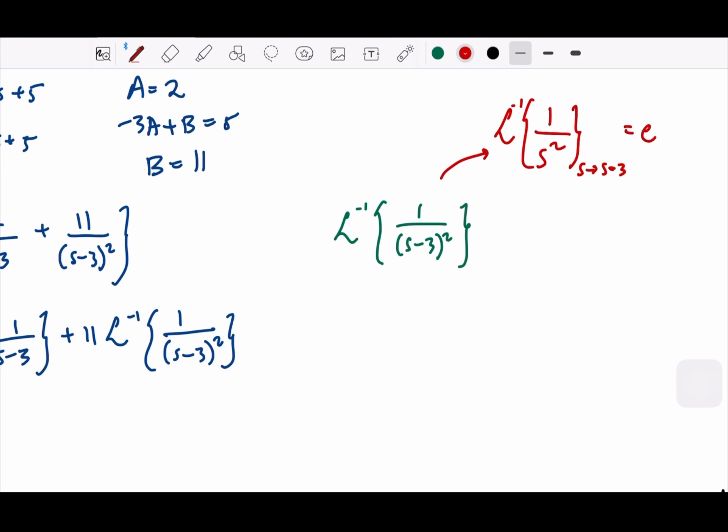So it will be e to the power of 3t times t. Remember, when we have this e, it means we are translating from s to s minus a constant. The constant is 3. So this part is e to the power of 3t multiplied by t.